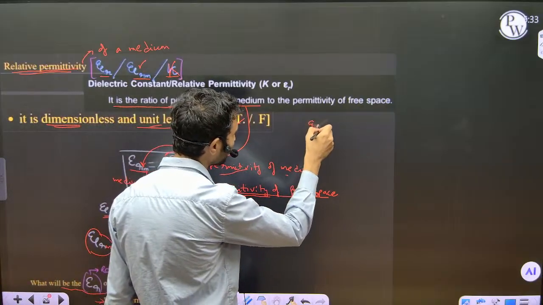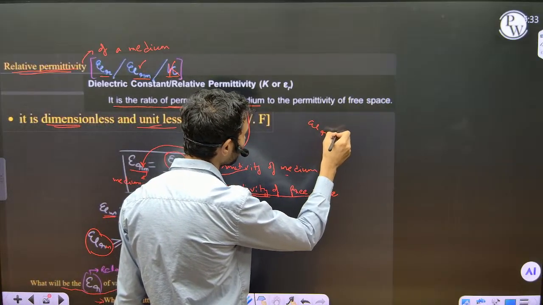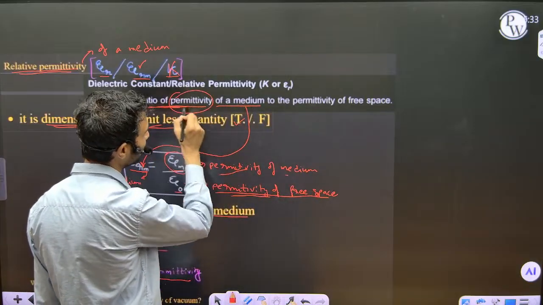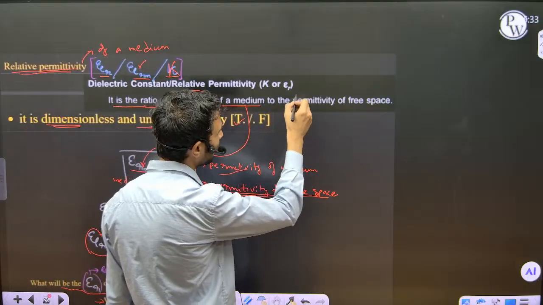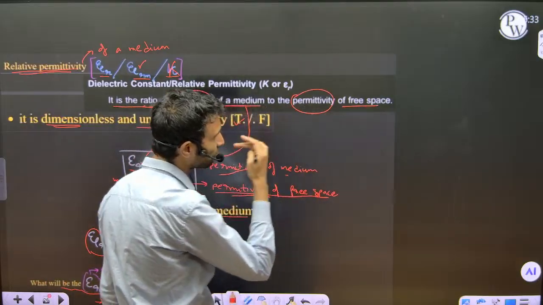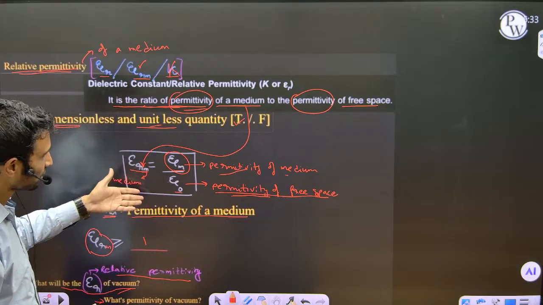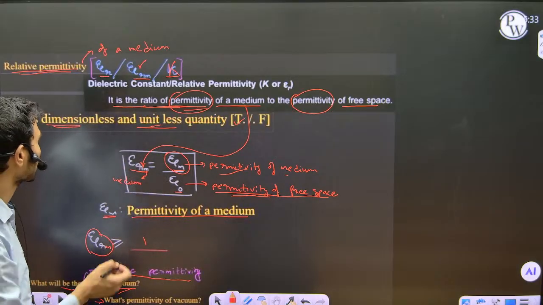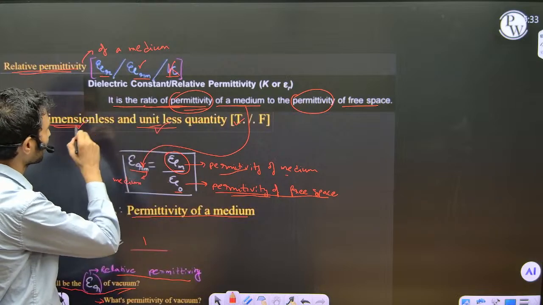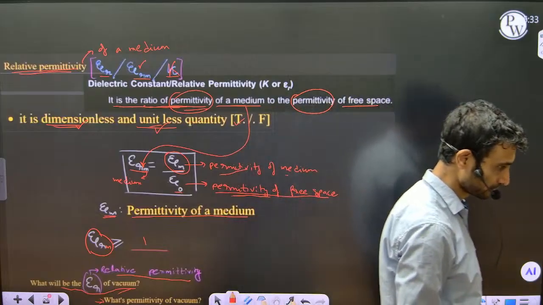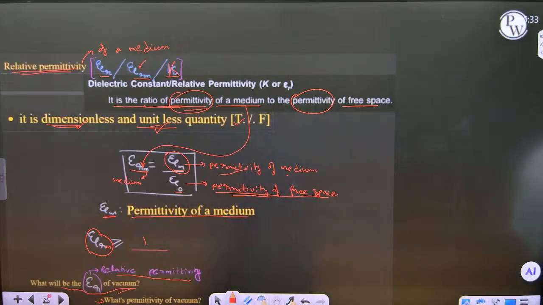Because as you know, epsilon rm is a ratio of permittivities only, the permittivity of medium and the permittivity of free space. If you take the ratio of two like quantities, of course there will be no unit left. So it will be a unitless and a dimensionless quantity, both. Take this down.